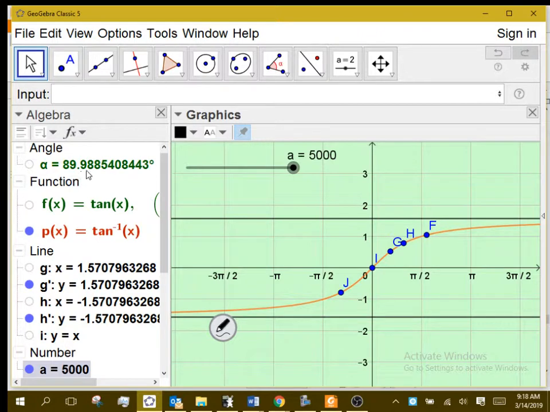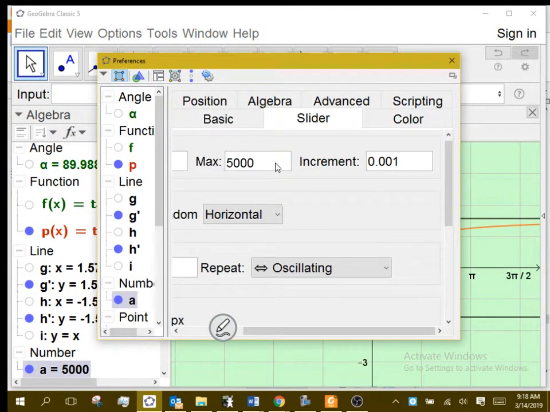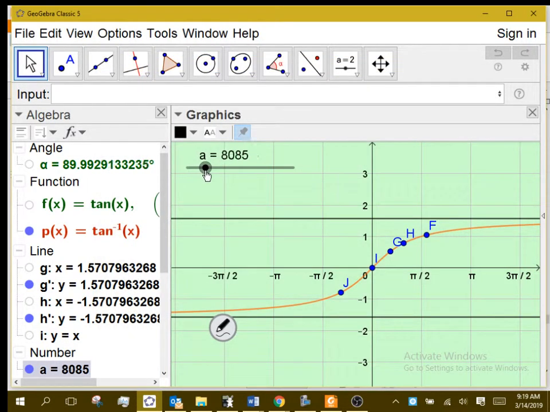5,000 is at 89.988. I go out to 50,000, if it lets me. I don't know if it'll let me. Okay, so at 5,000, I was at 89.98.